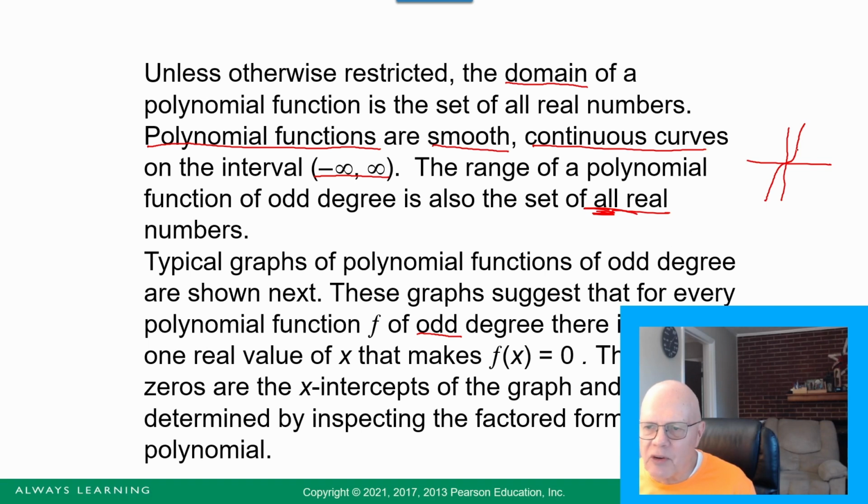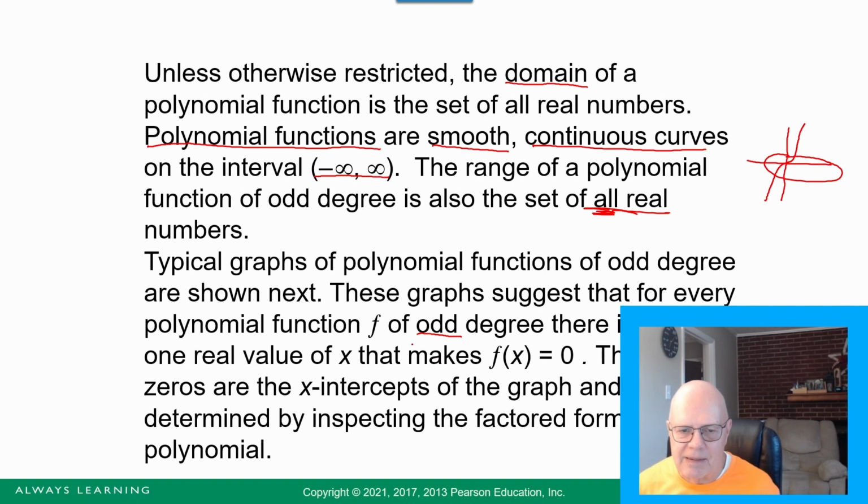If it's odd degree, notice it has to go through the x-axis. It has to. If you move it right or left, it's still going to go through the x-axis. Move it up or down, it's still going through the x-axis. Squeeze it, flatten it, it still goes somewhere through the x-axis.